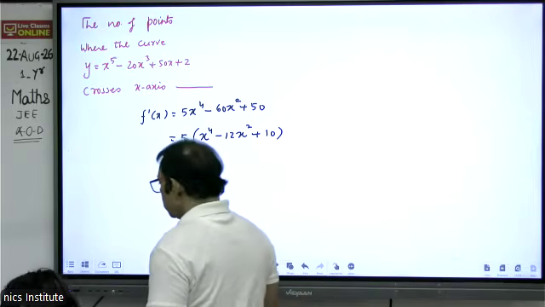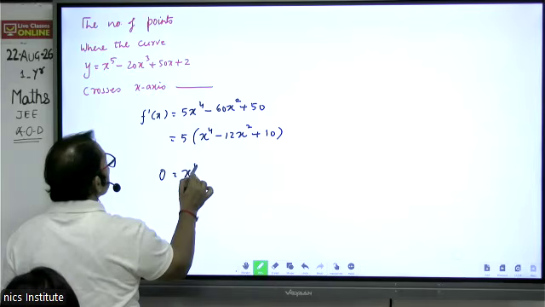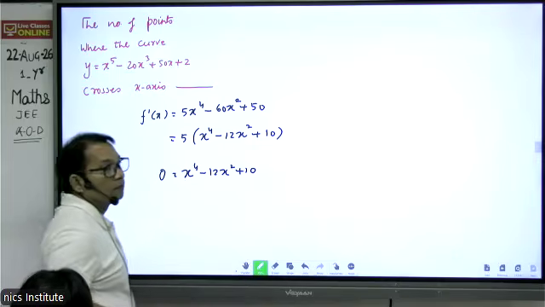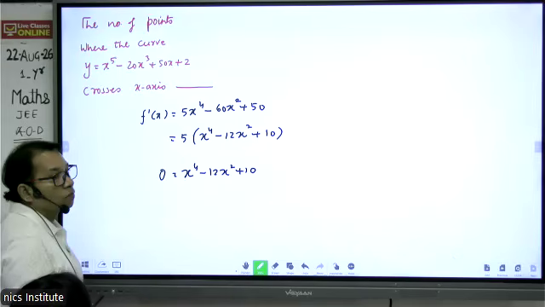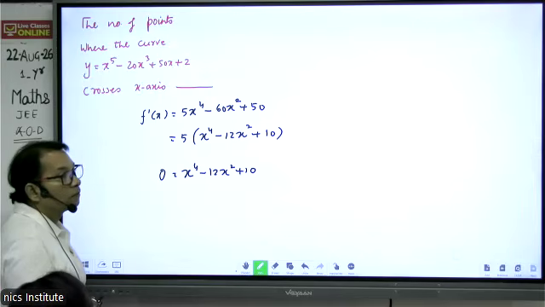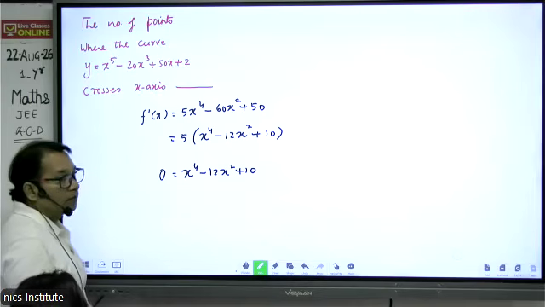So if it is equal to 0, is it factorizable? No, no. It's not factorizable. So use the D method, you can say, no?